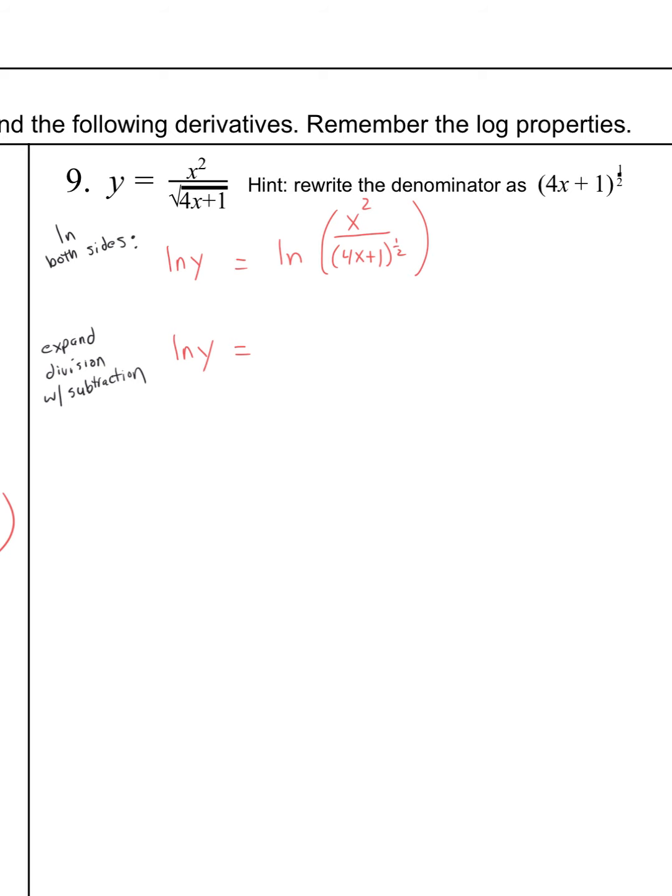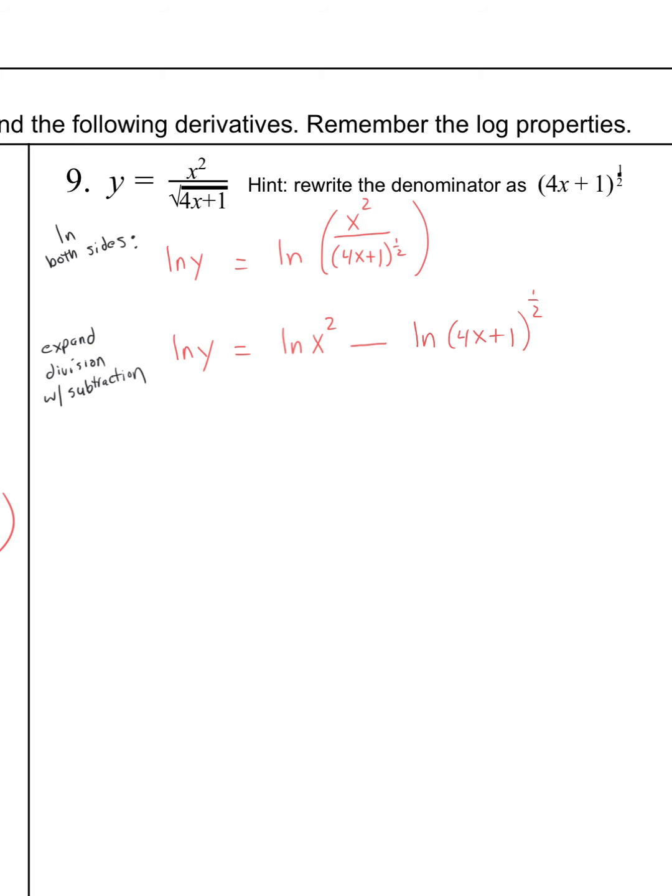We're going to put that natural log in front of the numerator, so we get ln x squared, minus, and then the log in front of the denominator. That gives us ln 4x plus 1 to the 1/2.